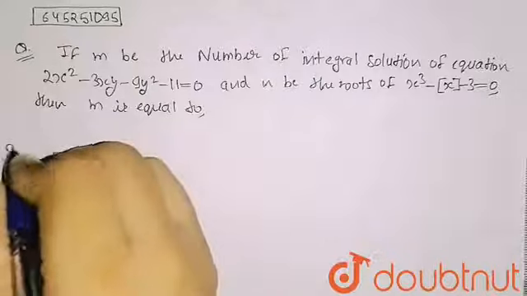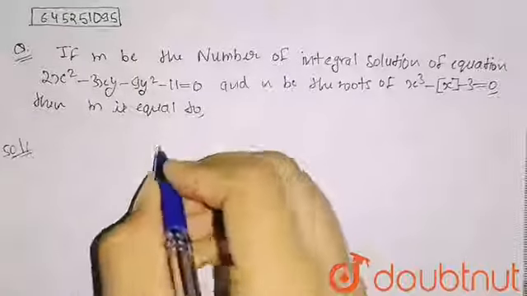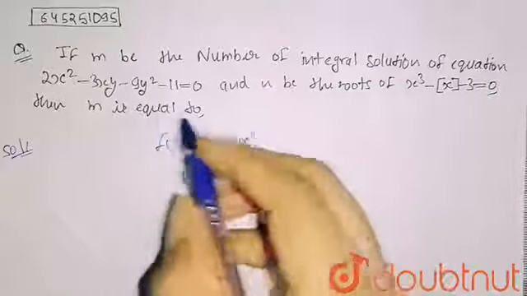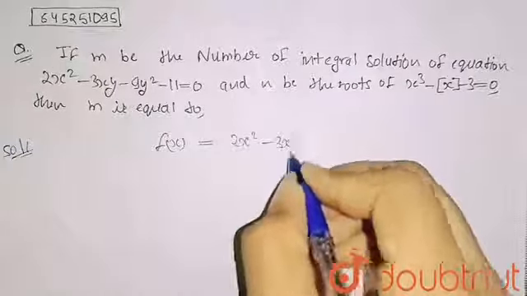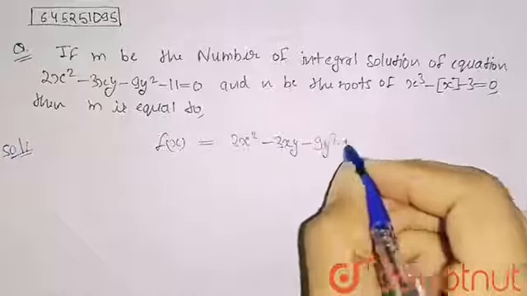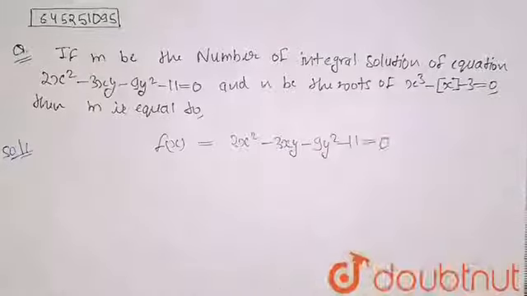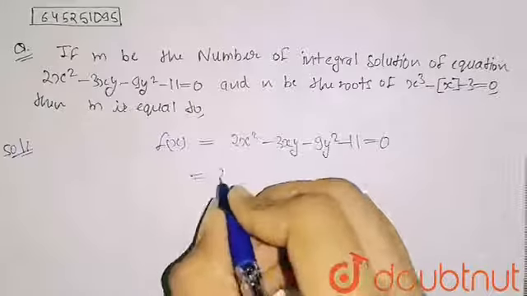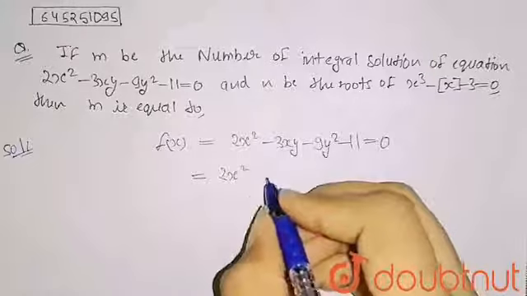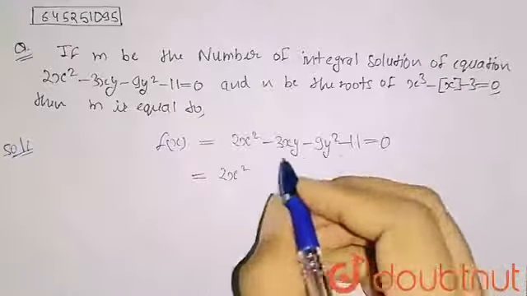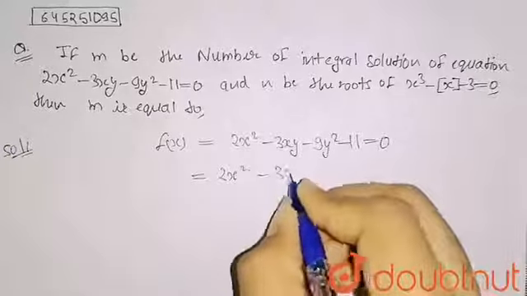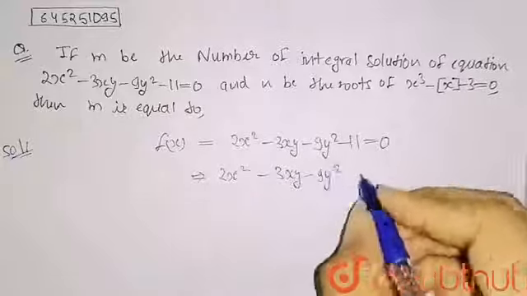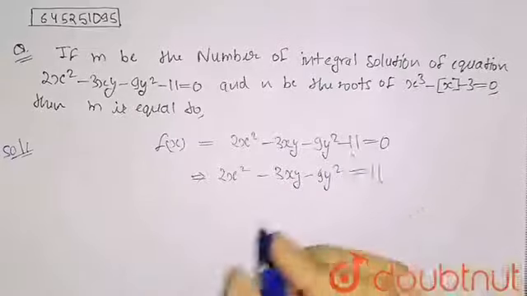Here I am taking this equation, f of x equals 2x square minus 3xy minus 9y square minus 11 equals to 0. If I calculate the roots of this equation, first I will take 11 to that side.